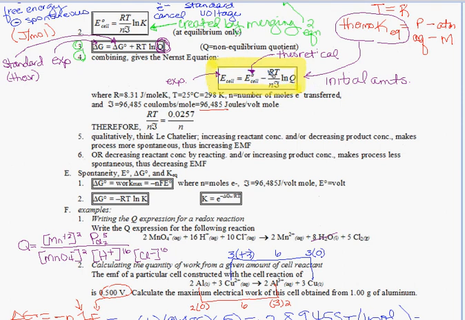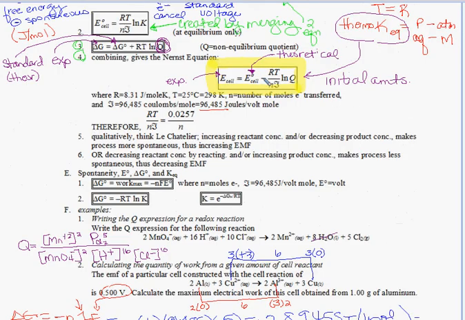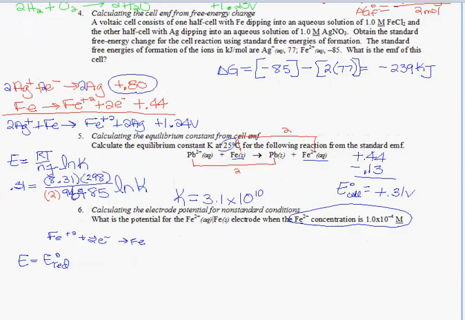We need to know the theoretical value for the cell, and we also need to write an expression for Q. As we do so, we're going to have E equals E, and instead of a cell, we're going to have just the gaining of electrons. So in this case, it's the reduction of it as a theoretical value. And then keep in mind, we're going to be subtracting RT over NF times the natural log of Q.